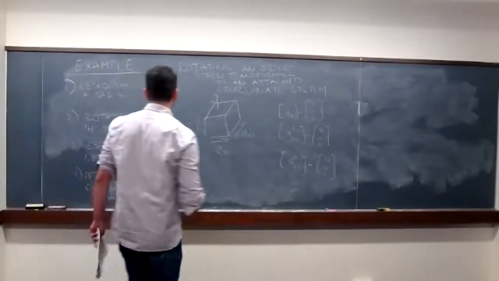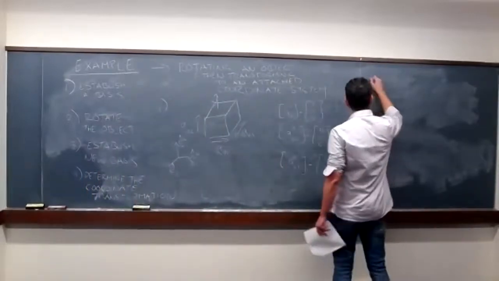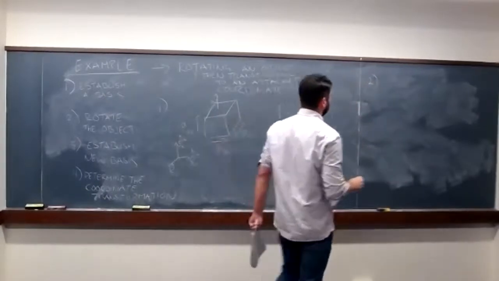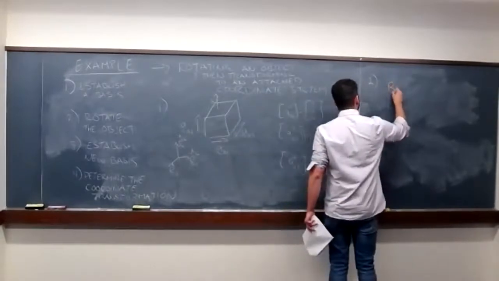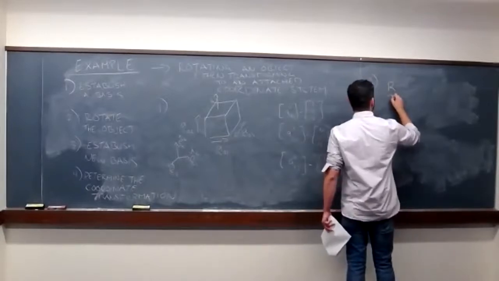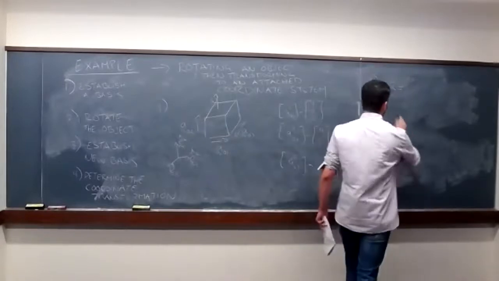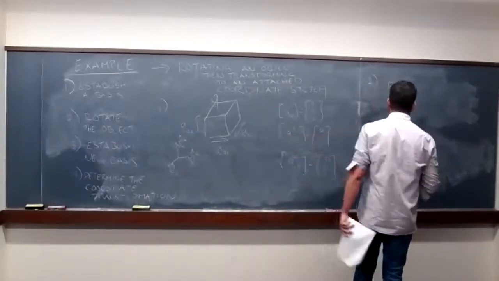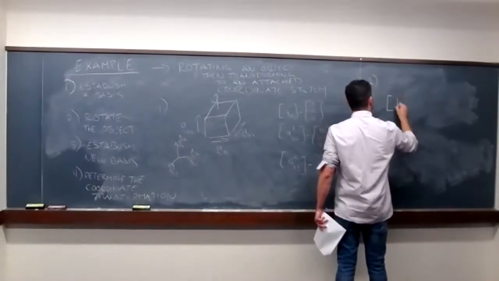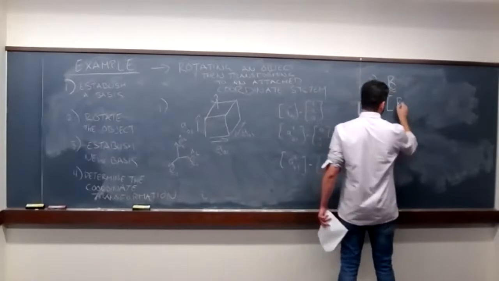So now, step 2 is I'm going to rotate the object by this angle omega. So the rotation tensor, which is going to rotate this cube, is going to be expressed in the lab basis. So this is tensor R, a second order tensor.